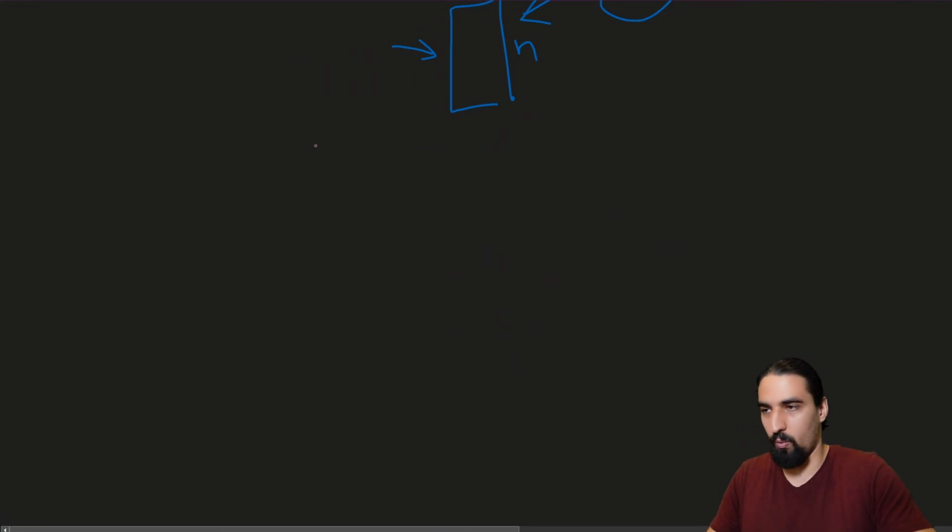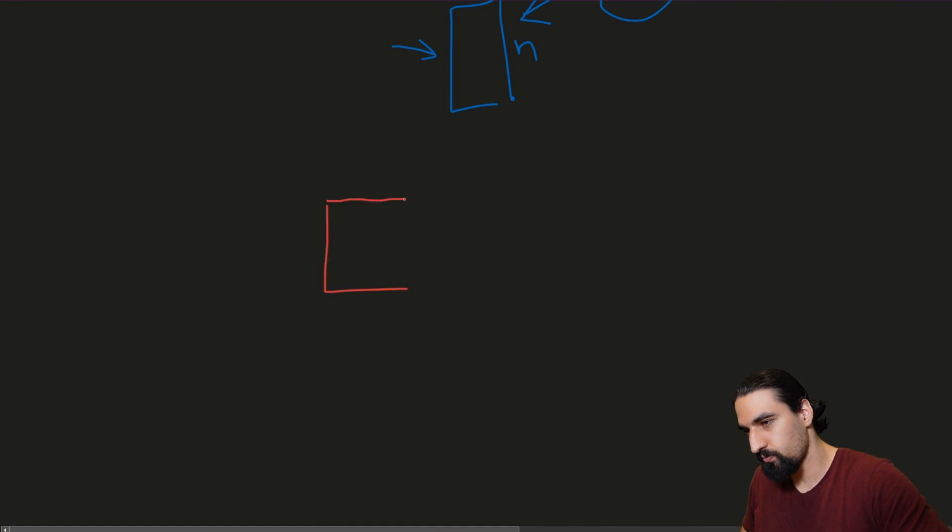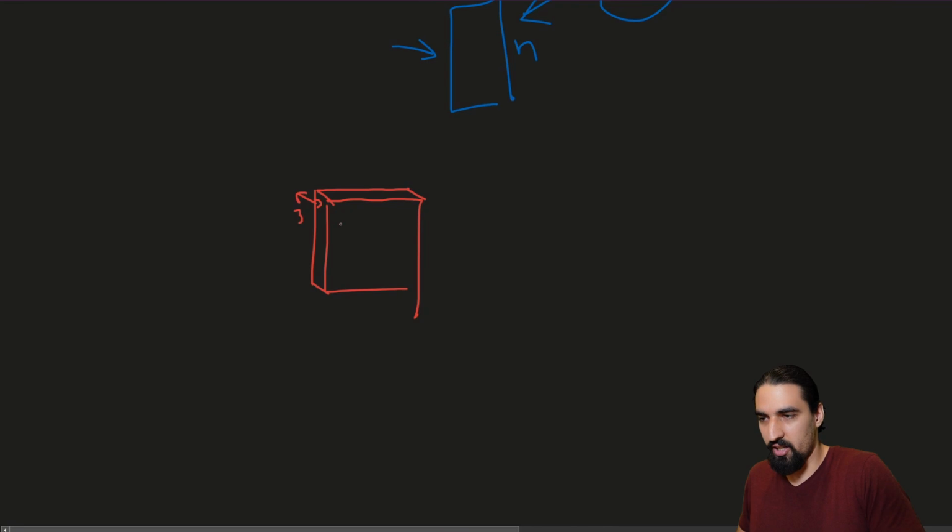Again, what is going on is the following. If we have an image here, this is our input image. We have 3 channels, so it's going to be 3 dimensions here. This first conv layer is doing the following.